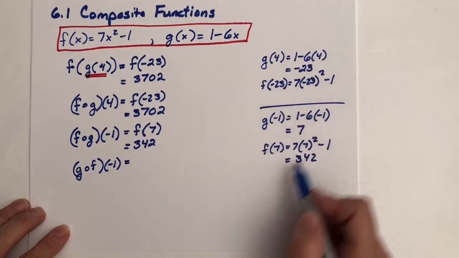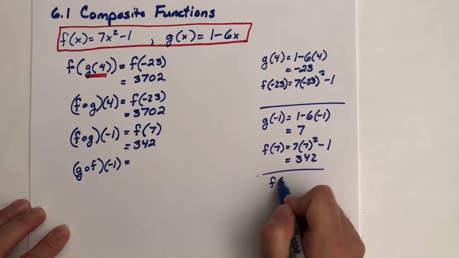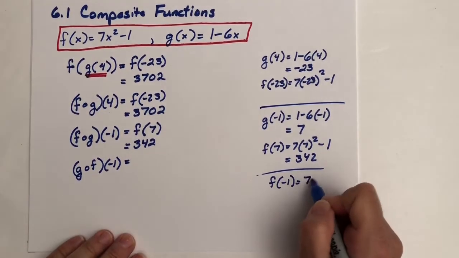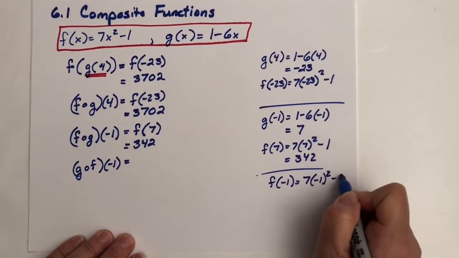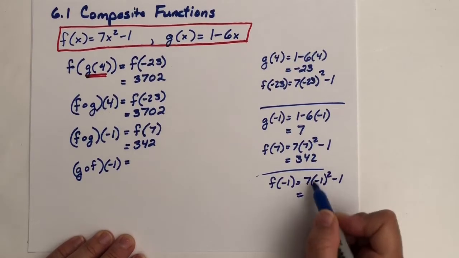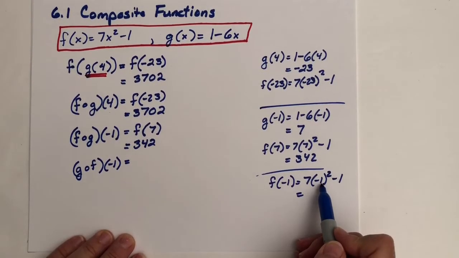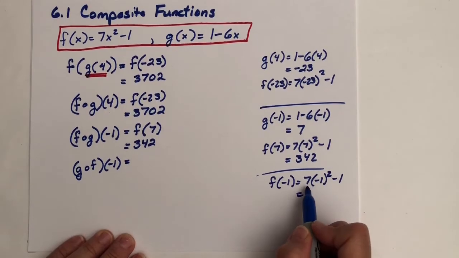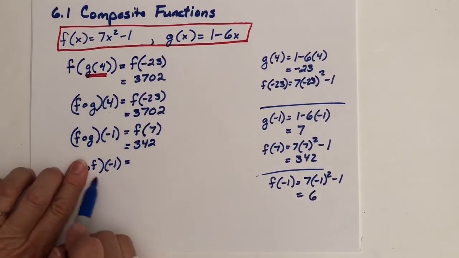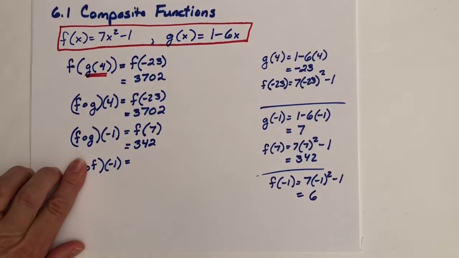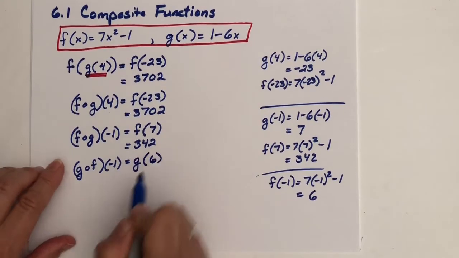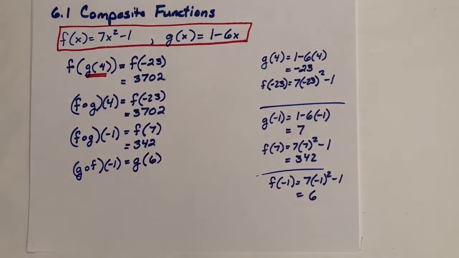I'm over here in my workspace. So I would find f of negative 1, substituting that in, and do the evaluation of this expression. So we have negative 1 squared is 1, times 7 is 7, minus 1 is 6. So we've calculated this to be 6. Now we find g of 6. I'm just working my way backwards.